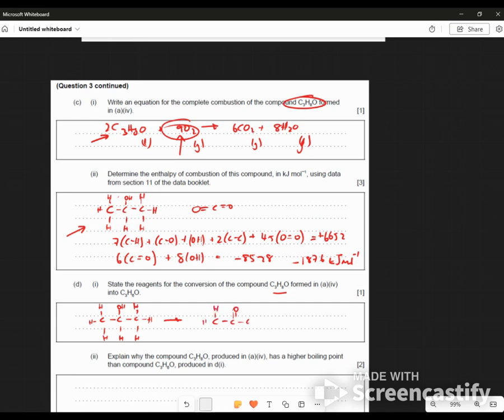Okay, and that's what you've got to do. And how do we do that? Well, we use acidified potassium dichromate. Okay, so we heat and we use acidified potassium dichromate. Okay, and there you go. All right, simple as that.